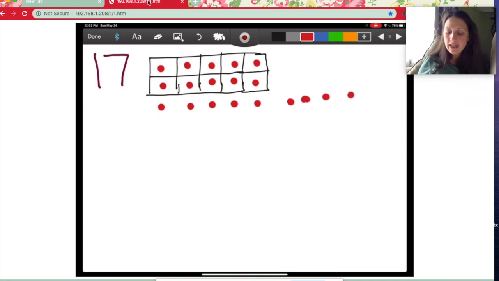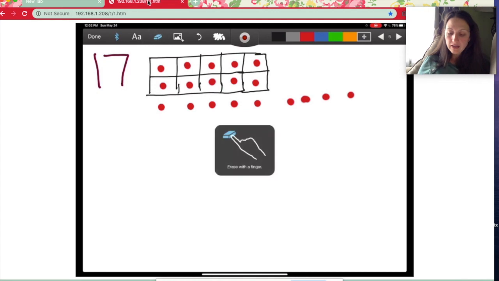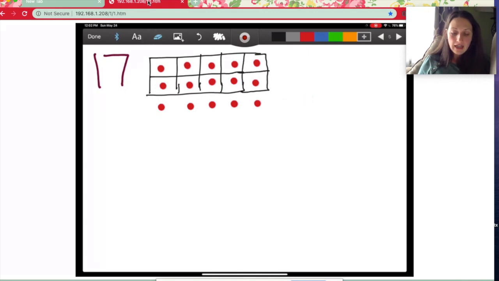So I don't want to keep drawing counters this way because that would not be neat. I want to keep drawing counters in my tens frame. So here we go, 15, 16, 17. Do you see how I'm making rows of 5? That's going to make it easier for me to count later on and to see what I'm doing.